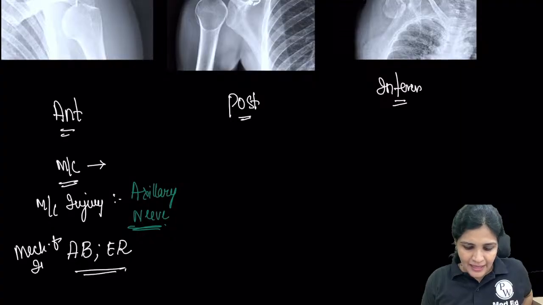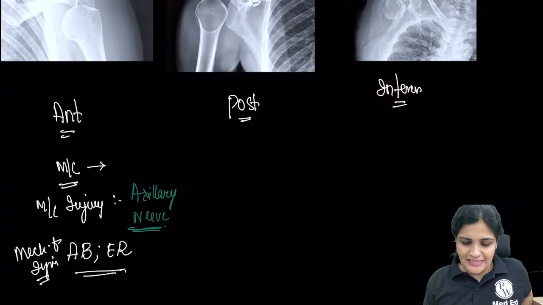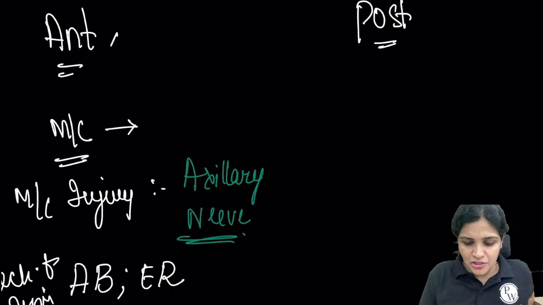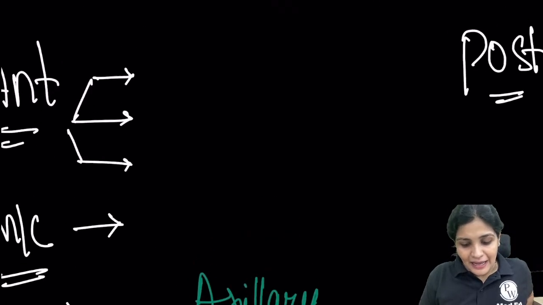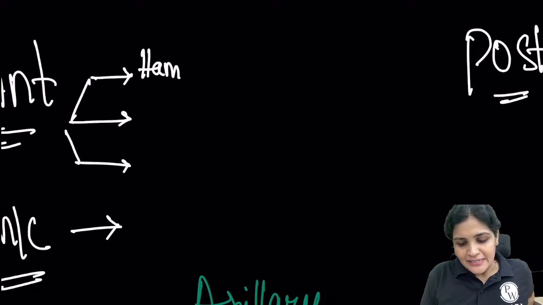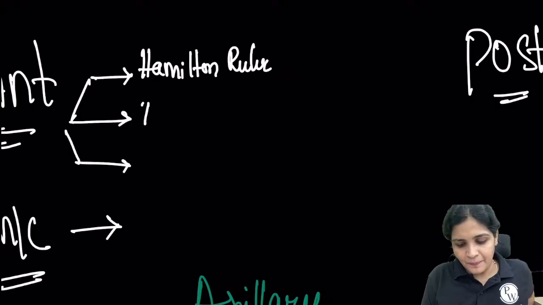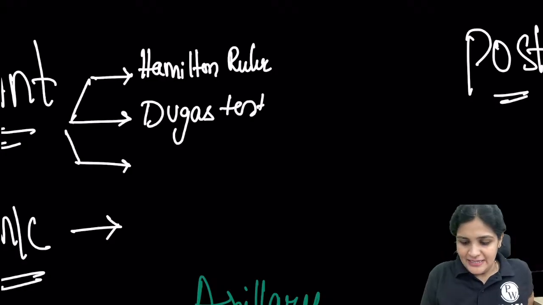Okay. And how do you treat it? What are the three important tests for anterior shoulder dislocation? Hamilton ruler test, very good. Then what is Dugas? Touching the opposite shoulder. Excellent.